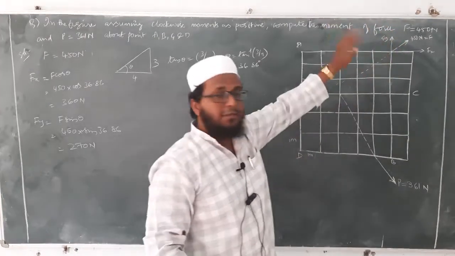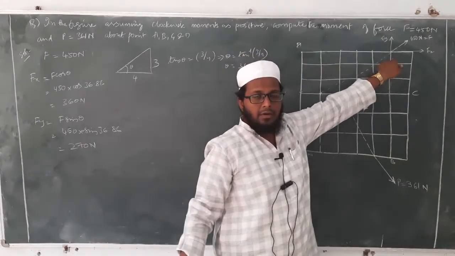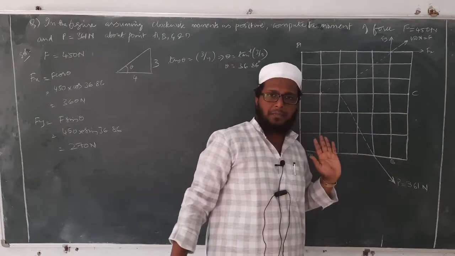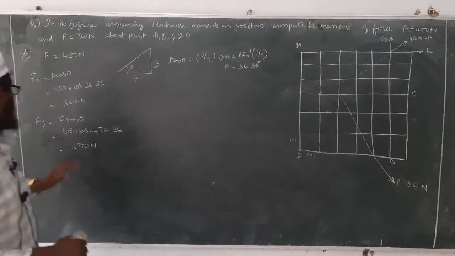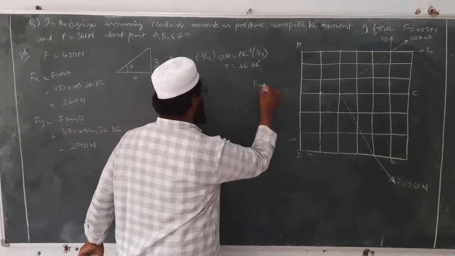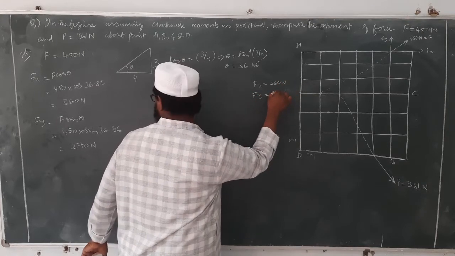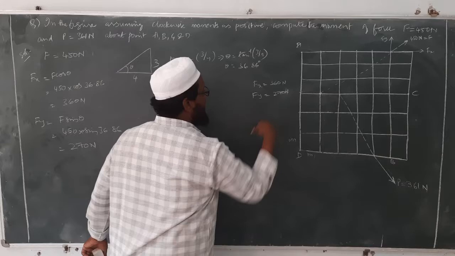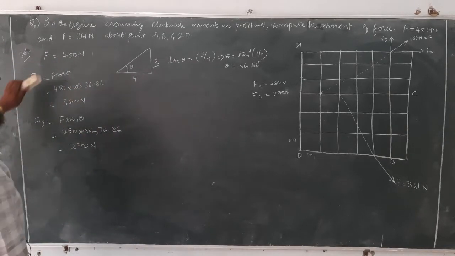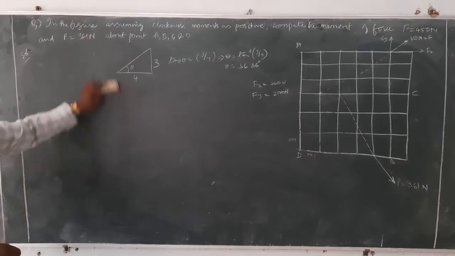So we'll calculate the first part, that is, the moment of this force F about points A, B, C and D, then we will go for this P. I will write here: Fx is equal to 360 newtons and Fy is equal to 270 newtons. Okay, let it be there so that we can use it in our further calculations. Now you can pause it and copy down these values.